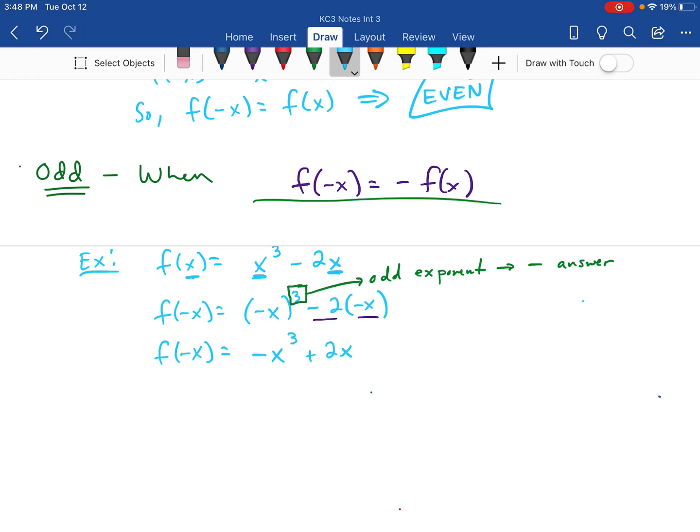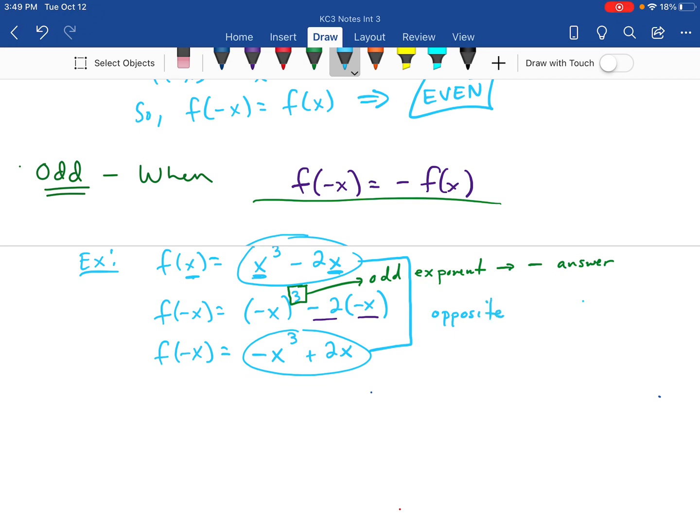Okay, so now I want you to look at the original function and the function you simplified. If I look at these, I went from x to the third minus 2x to negative x to the third plus 2x. Now, these two functions are opposite of each other, right?